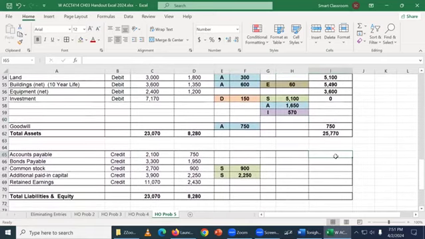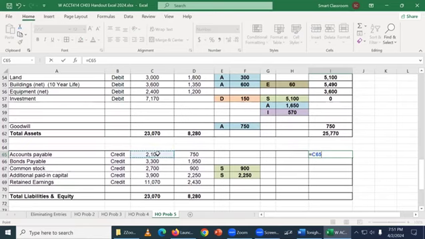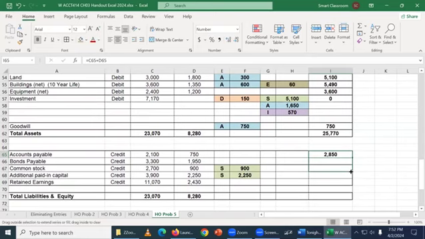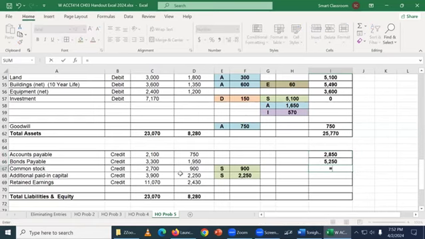Okay, down here, we add up the liabilities, what we owe people. And then only the parent company's equity is left.